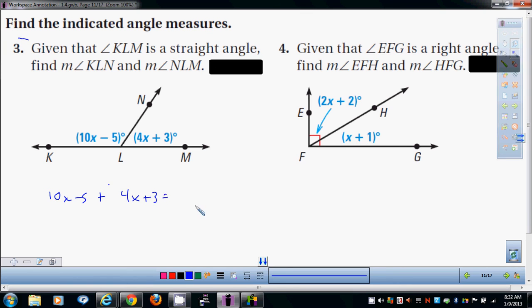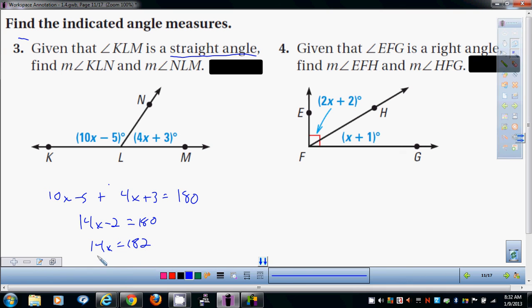What did you set that equal to? Why 180? Straight angle. Very good. There was the key. Straight angle means it equals 180. So what did you get? Right here. Excellent. Then what did you do? Perfect. Then?